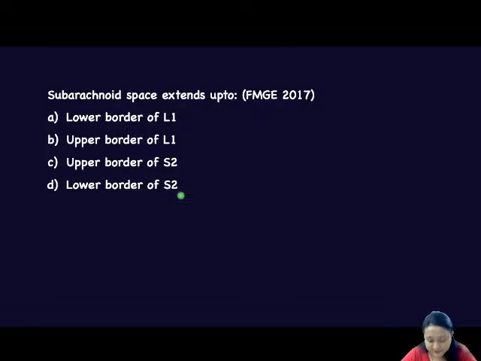Subarachnoid space extends up to, किसी को आता है? Anybody who wants to answer this question?